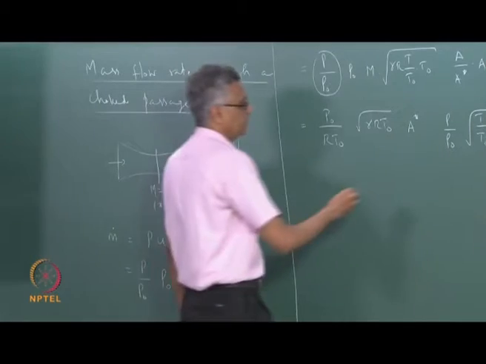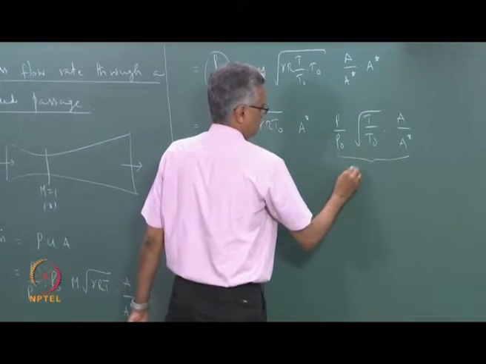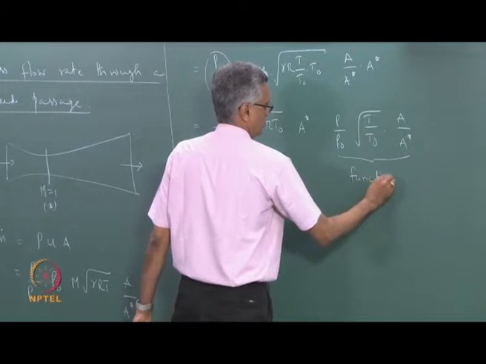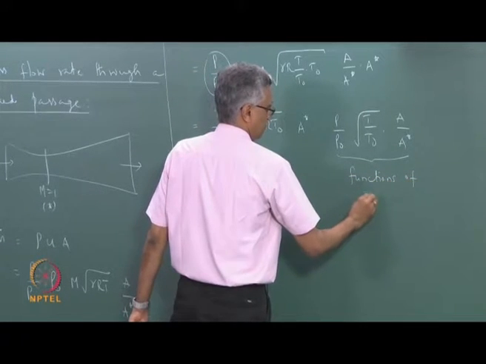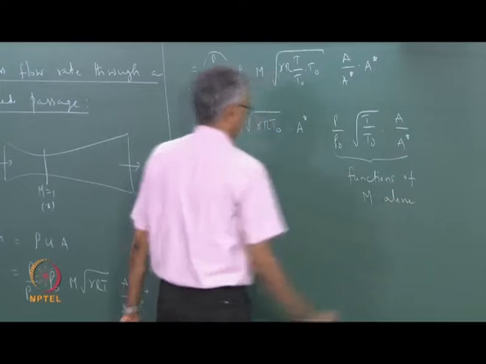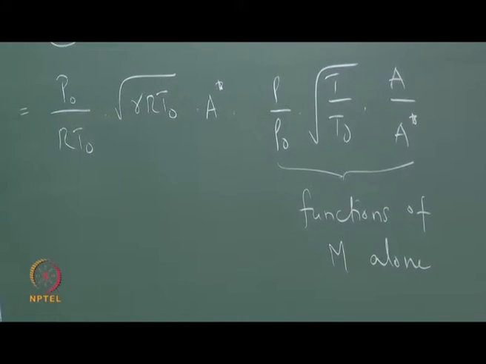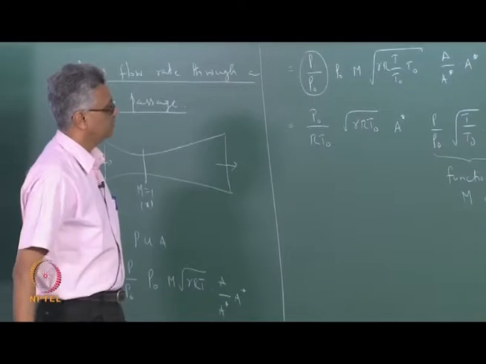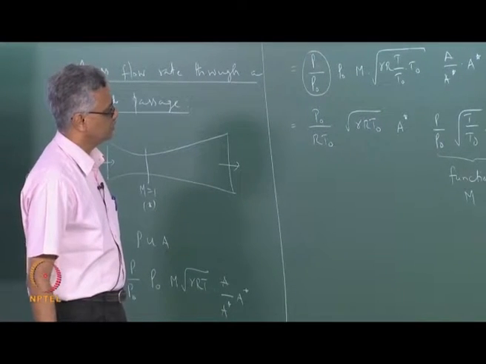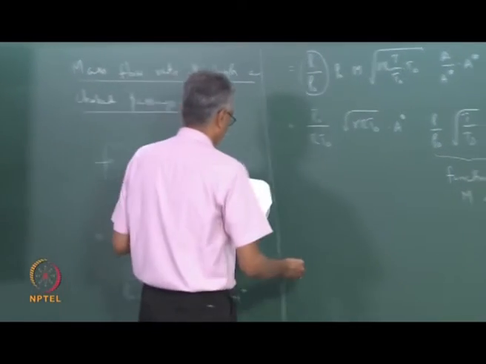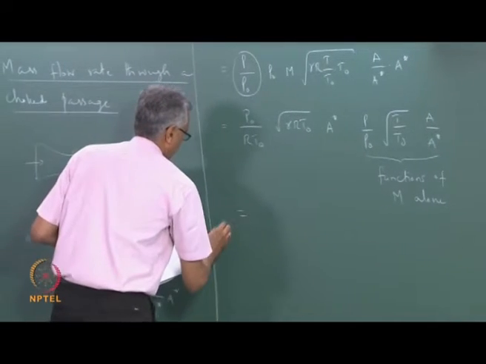These three quantities are functions of Mach number alone. So, if I go ahead and substitute these functions and then simplify, I end up with the expression for m dot, which looks like this.